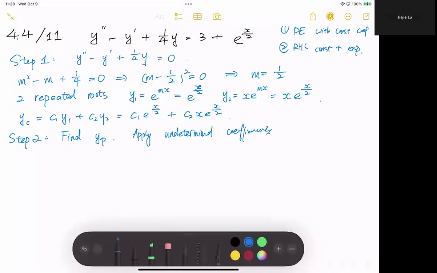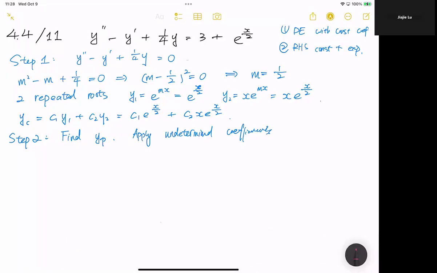So if you want to apply this method, the first thing you need to do is using the form rule to make a guess on the expression of your yp. Here you can see our g(x), the right-hand side, is the summation between a constant function and an exponential one. So our yp should also be formed by the summation of the expression of a constant function plus the expression of the exponential function.